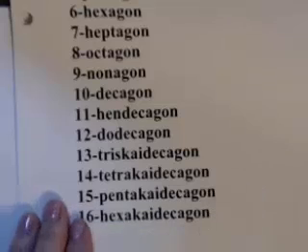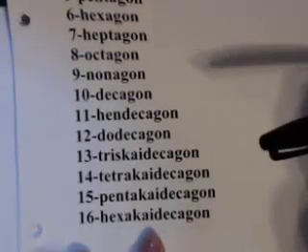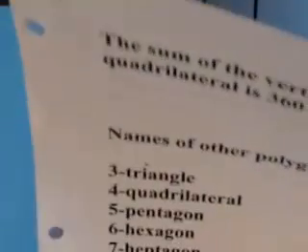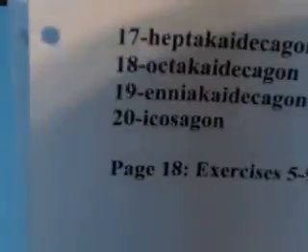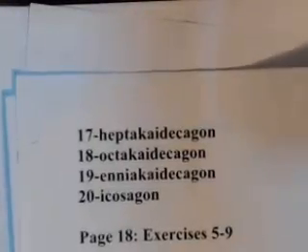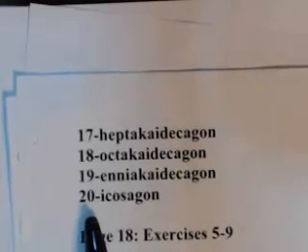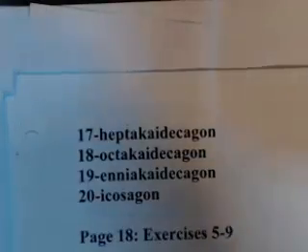So it was much easier to use the number of sides in the word gon than trying to pronounce these words or trying to write them. So you can go ahead and look on page 17 for the other names that are given to the polygons. And we go up to a 20-sided shape, and that is an icosagon.